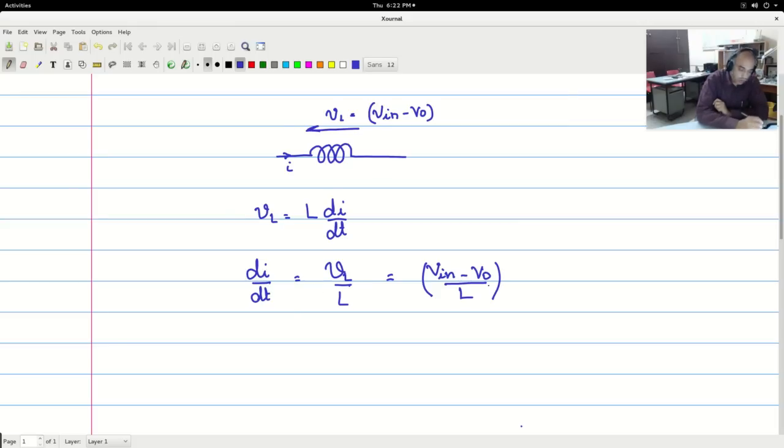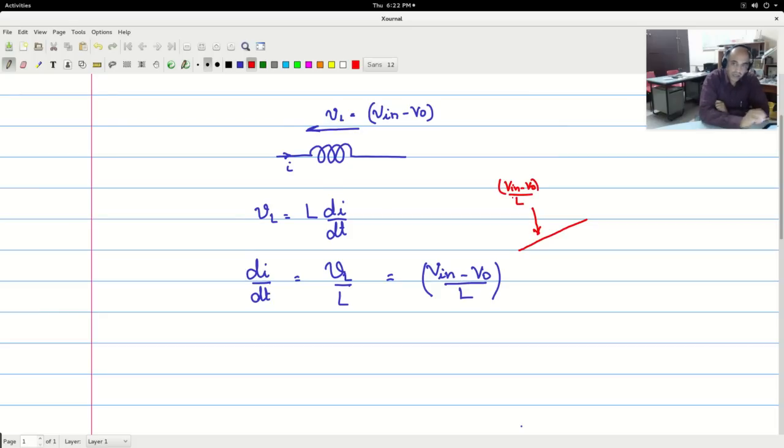So at this slope, the current waveform should increase. So if I draw the slope during the time when the voltage across the inductor is V in minus V naught, it should increase like this, because V in is a constant, V naught is a constant, L is a known constant. So the rate has to be linear, and this is V in minus V naught by L.